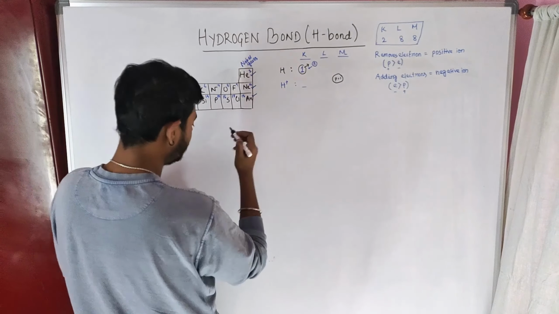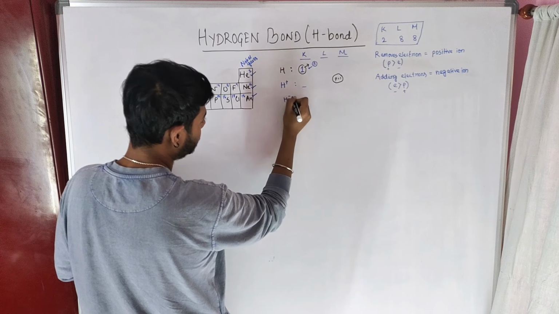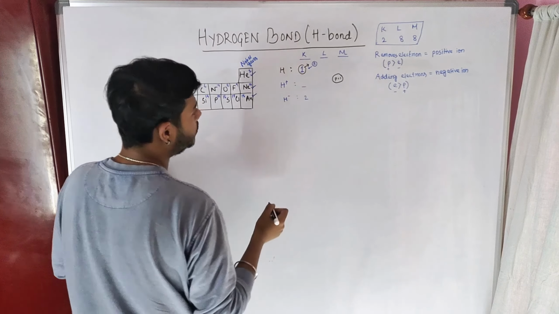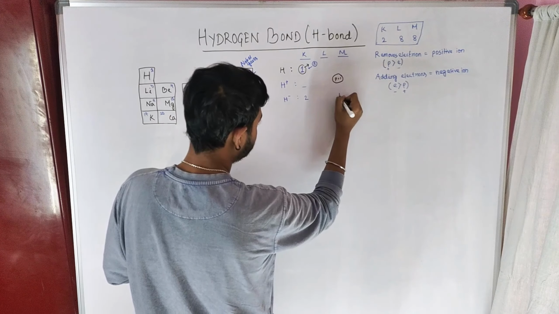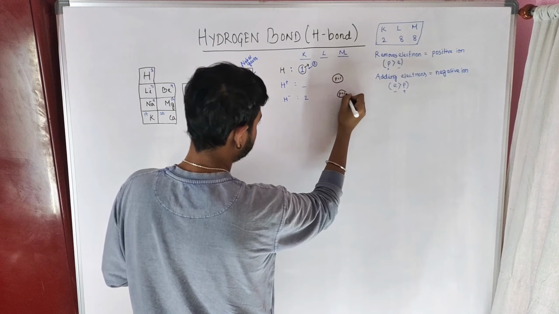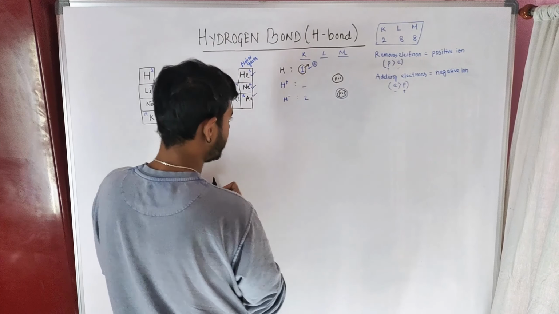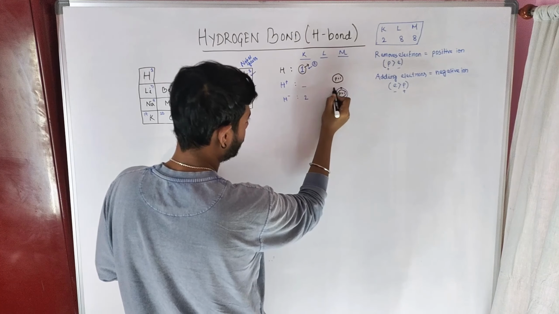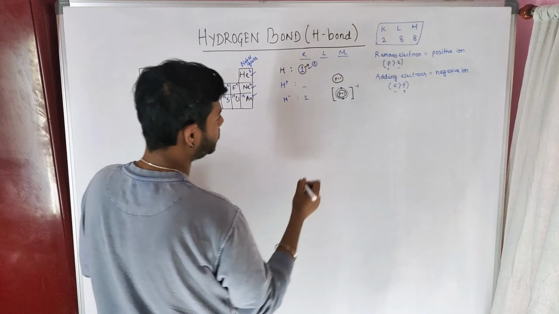That is also possible, and then it forms a negative hydrogen ion called a hydride ion, where the outermost shell has 2 electrons. So that structure looks like this, with an overall charge of -1.